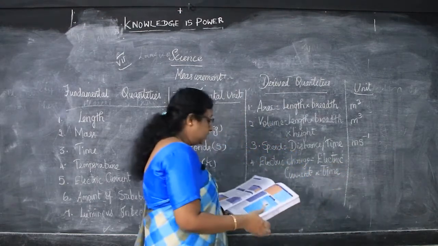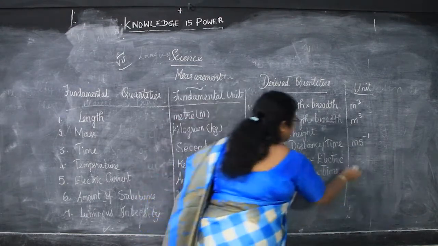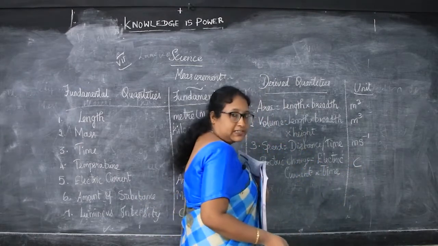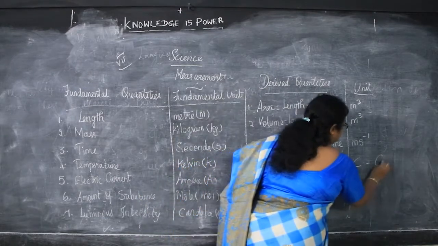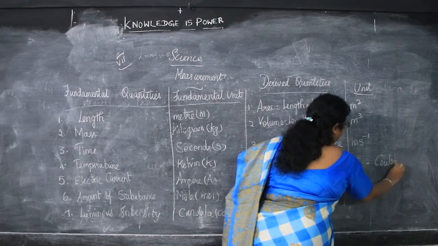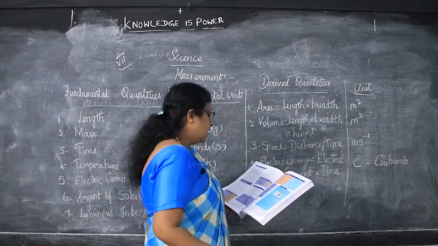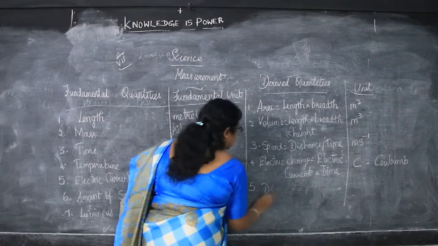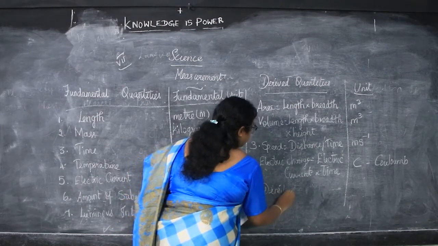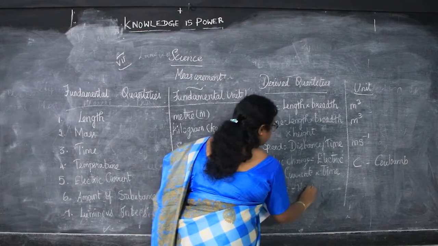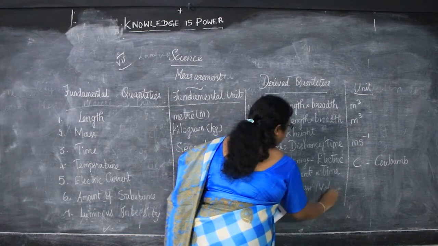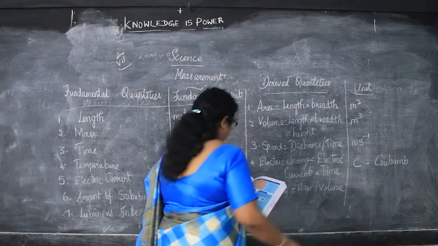The unit is C, which I already told you is called a coulomb. Then next is density. Density is mass by volume.